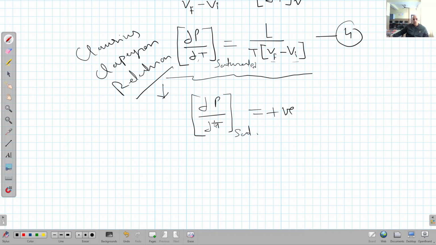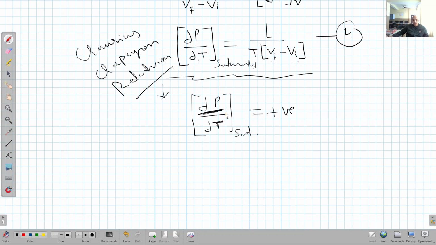Clear? So if the change in pressure is positive, the change in temperature should be positive.